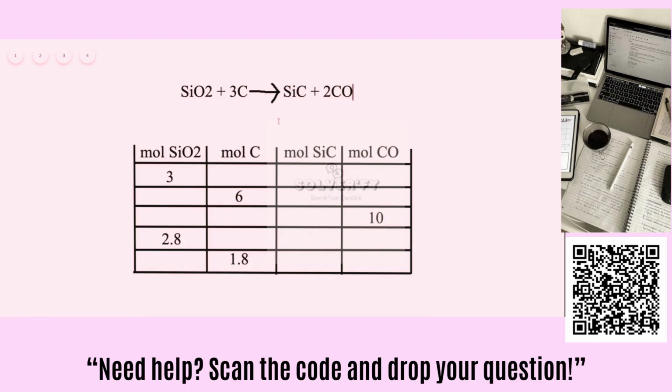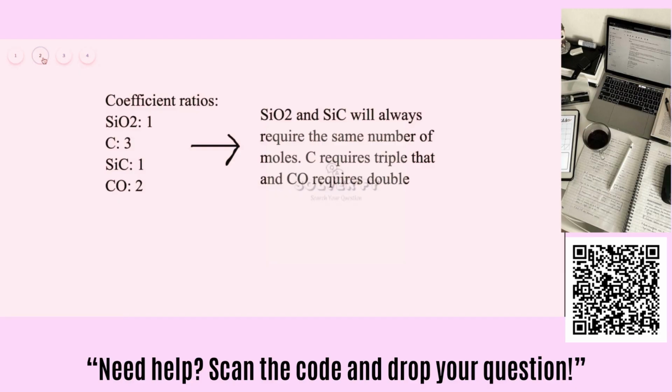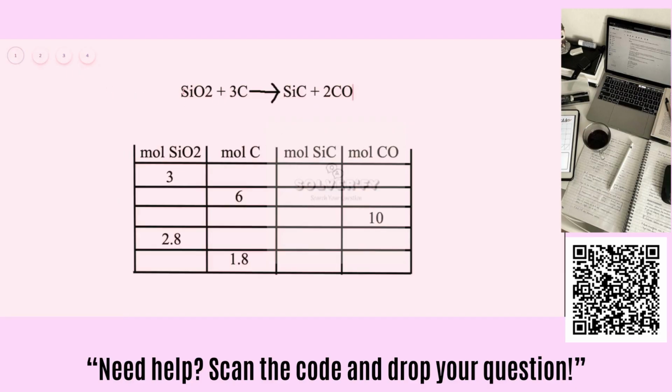So what you're going to want to look at when approaching this problem is the ratios for the equation. So remember our equation here. We have these coefficients: 1 for SiO2, 3 for carbon, 1 for SiC, and 2 for carbon monoxide.